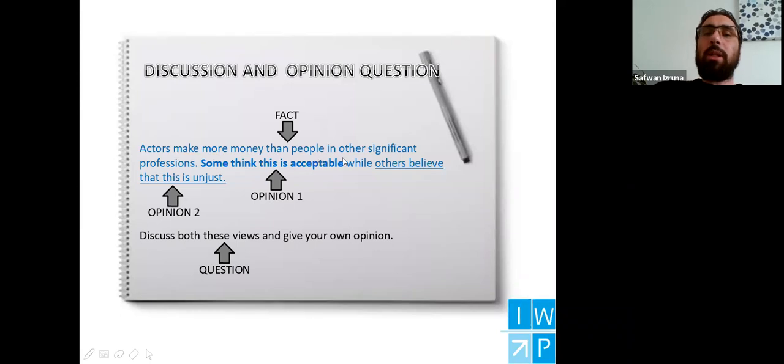Actors make more money than people in other significant professions. This is like one of the authentic questions in the IELTS examination. Discuss both these views. So these are the two views here.